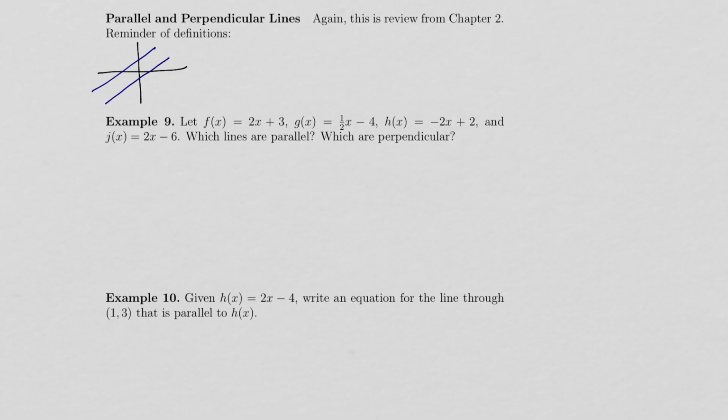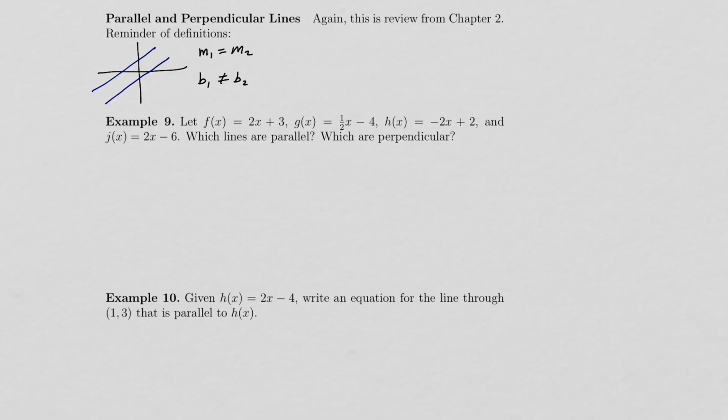And what does that mean? It means that they never intersect, right? They never cross. They go on forever and never cross. If what's true? If their slopes are equal, and technically their y-intercepts must be different, right? Because otherwise they could be exactly the same line. If they have the same slope and same y-intercept, they'll be the same line.